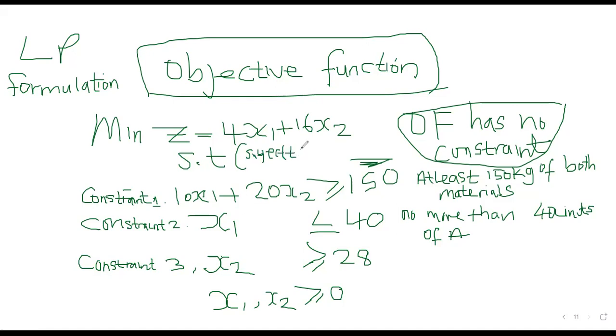This is the most critical part of linear programming. Solving may not be an issue, but if the LP formulation is not the correct one, then you'll be solving the wrong thing. So that's why the formulation should be right.